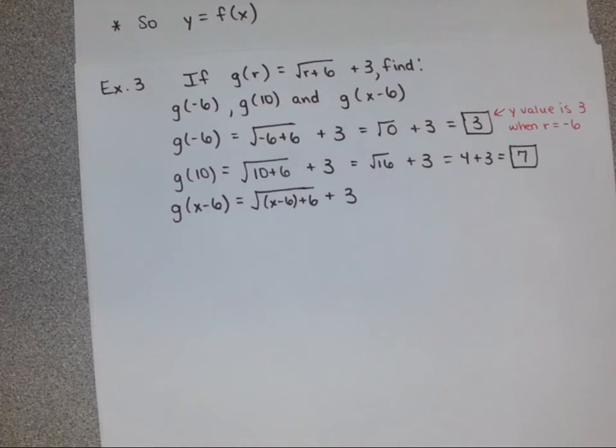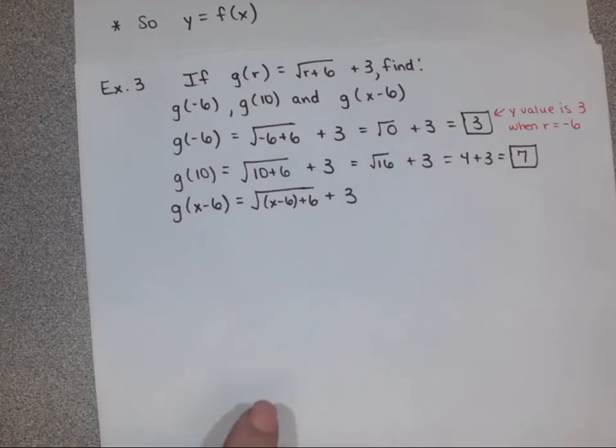So notice the structure is exactly the same if you compare them, right? All it did here was pull out the r and stick this in. Okay, everything else is the same. It's something plus 6, the square root of it, plus 3, and this is the square root of something plus 6, plus 3. So we'll clean it up as much as we can.